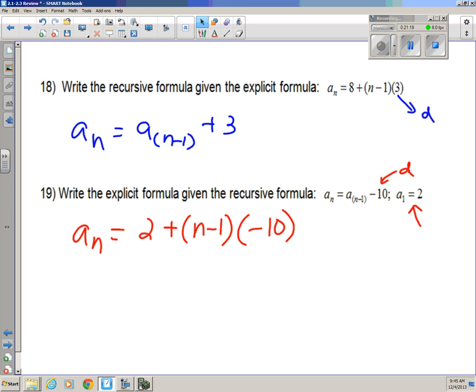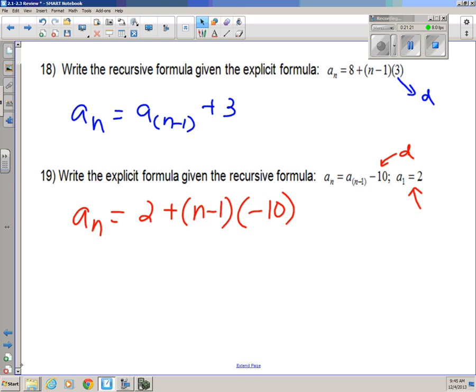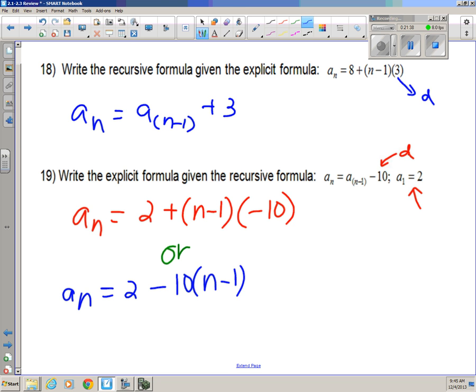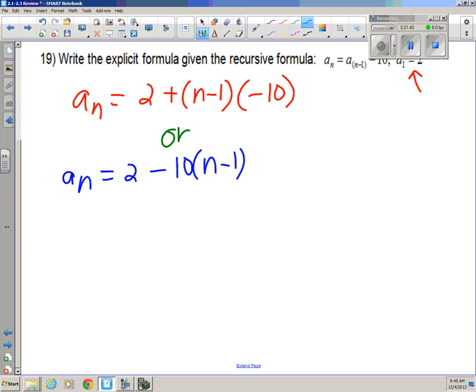You can turn this over into that y equals mx plus b look, and I think that's kind of worth doing. Or if I actually distribute what's happening here, I could say, well, a sub n equals 2. And now I'm going to distribute. Actually, I'm going to do it this way. I'm going to put minus 10 and minus 1. I just did the commutative property. That's all that I did, right? I just switched the minus 10 with the parentheses and minus 1. A sub n equals 2, distribute, distribute.